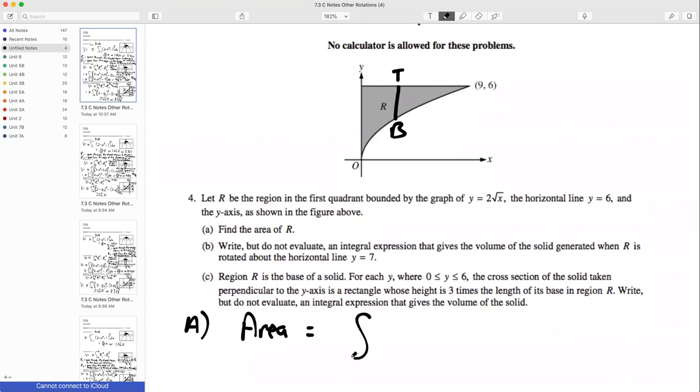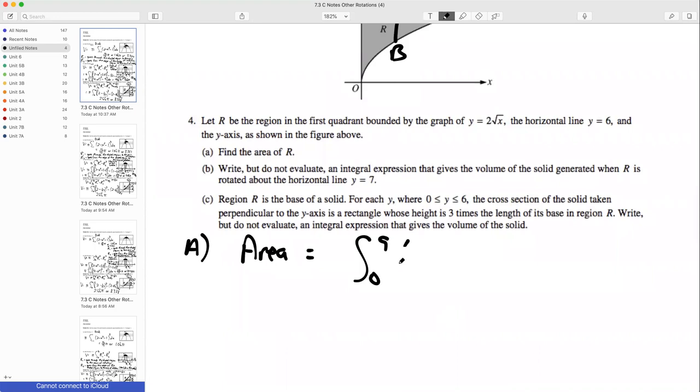Just be careful on the bounds. What are the bounds? Since it's 0 to 9, top minus the bottom, 0 to 9, and I'm going to integrate with respect to x. The top equation is 6 minus the bottom equation. I'm going to write this as 2x to the 1/2 and close it and put a dx.